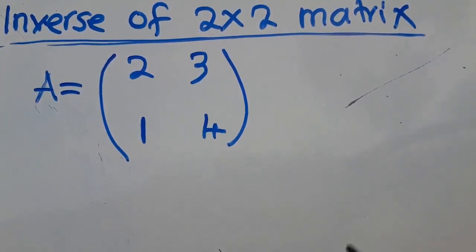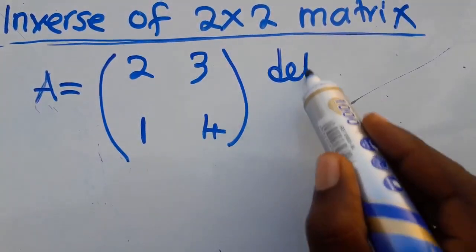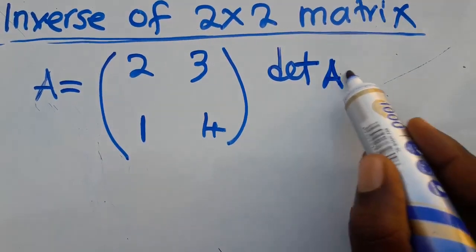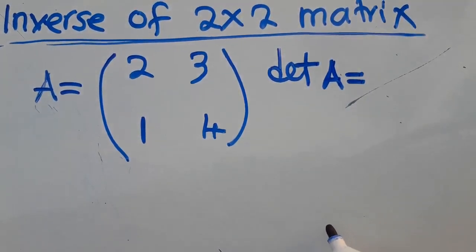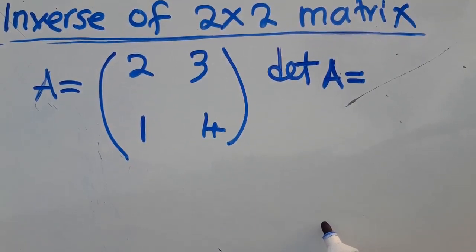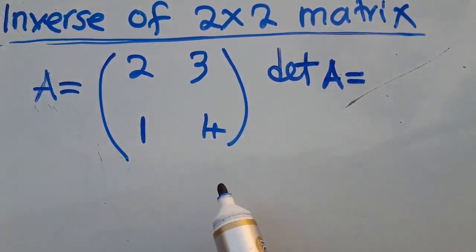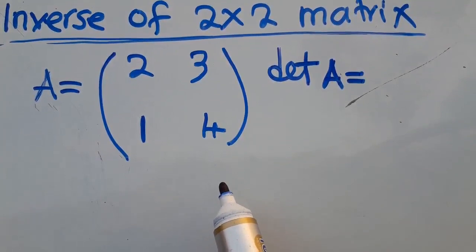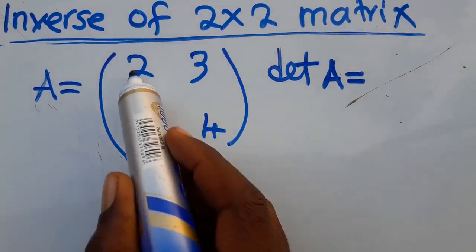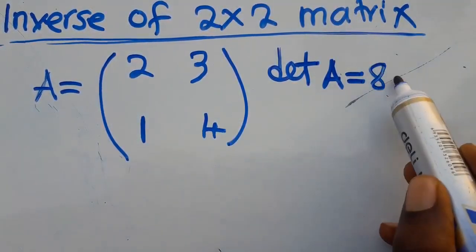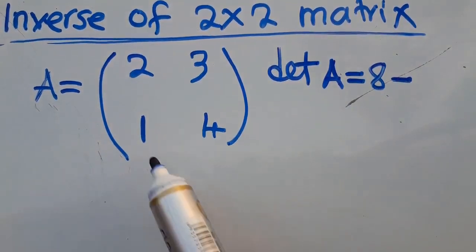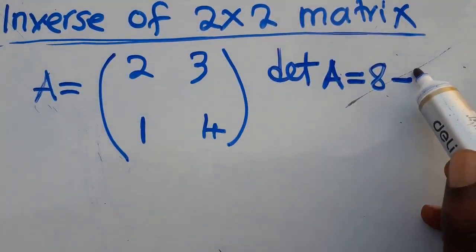The first thing you need to do is to find the determinant. So you need to find the determinant of A. I explained this yesterday, so I'm going to be very fast on this because I believe everyone understood. The determinant: major diagonal 2 times 4, it's 8, minus 1 times 3, it is 3.